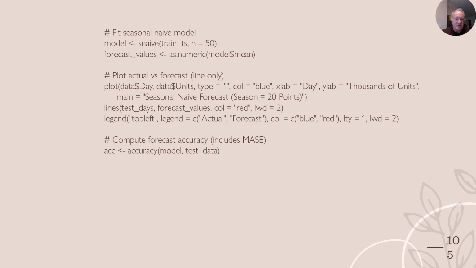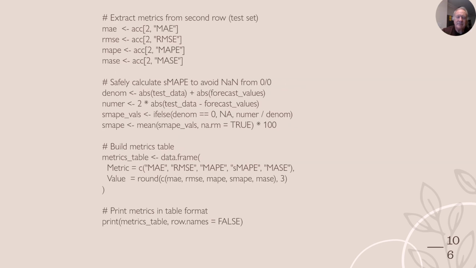We'll plot the actual versus the forecast, and then we'll compute the accuracy of the model on the test data. Then we'll find those error analyses that we did. We want to be careful because occasionally SMAPE will blow up if it has a 0 in the denominator, so we want to take care of that.